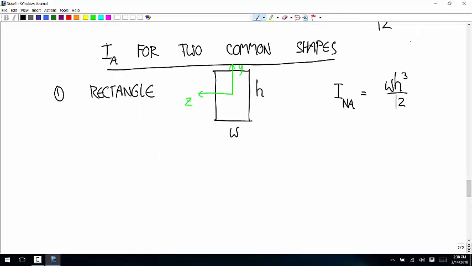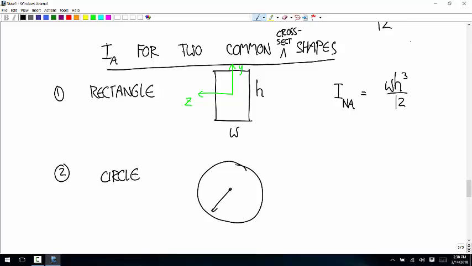And then for a circular cross section, these are common cross sectional shapes. So a circular cross section, if the radius is r, so there's the coordinate system.